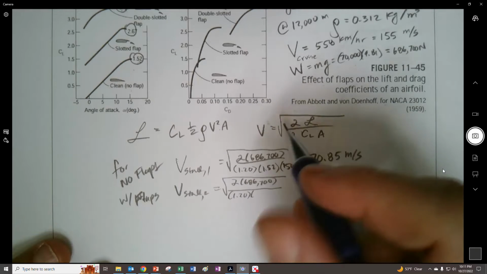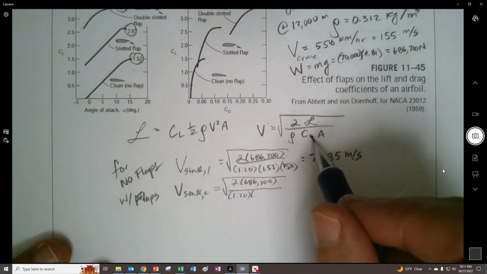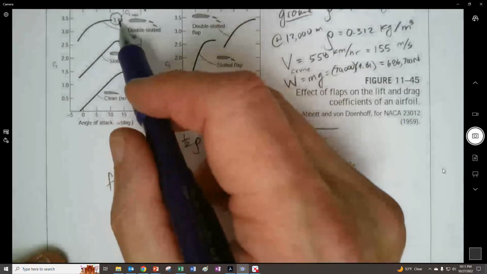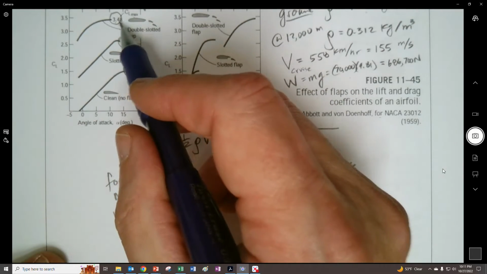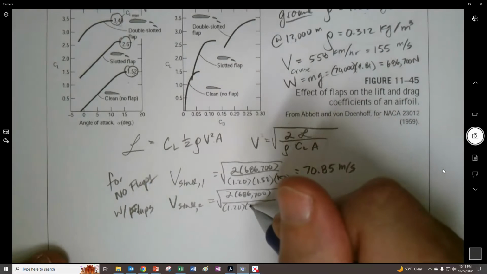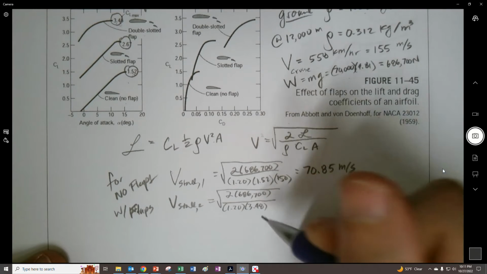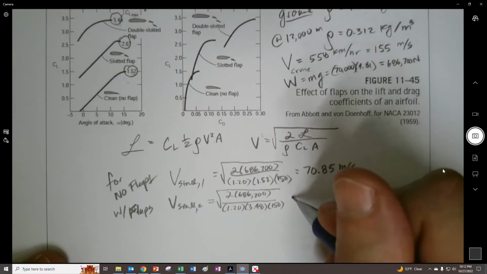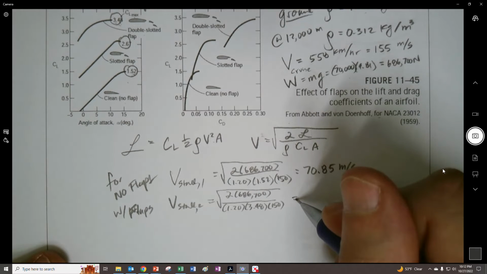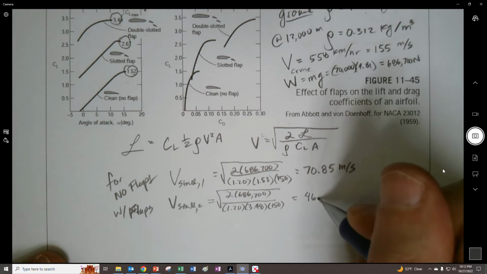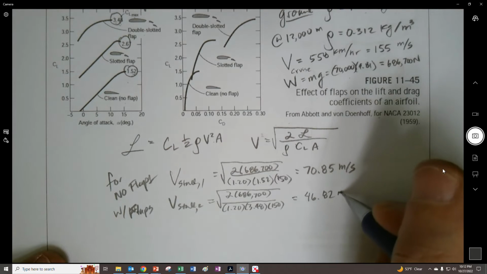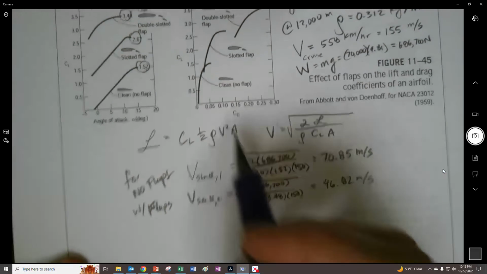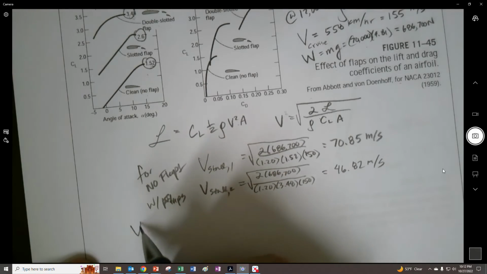And now the difference here is that we're going to use the larger 3.48 for the flaps, and then 150 for the area, and we end up with 46.82 meters per second.